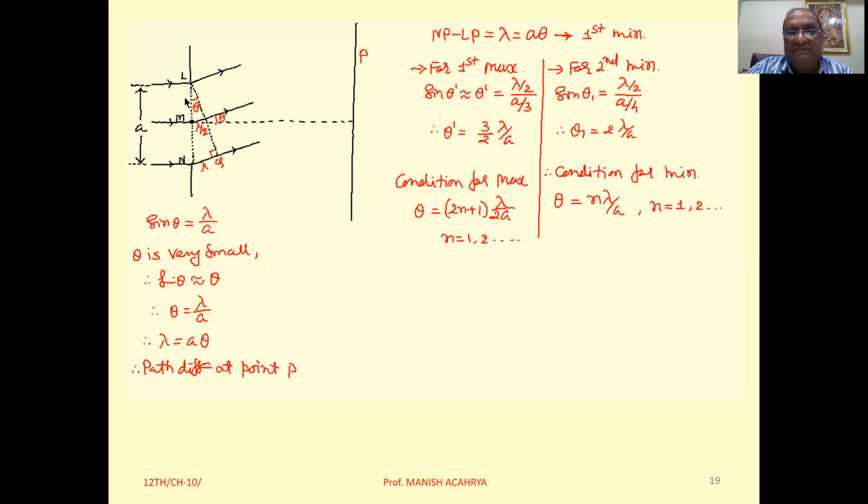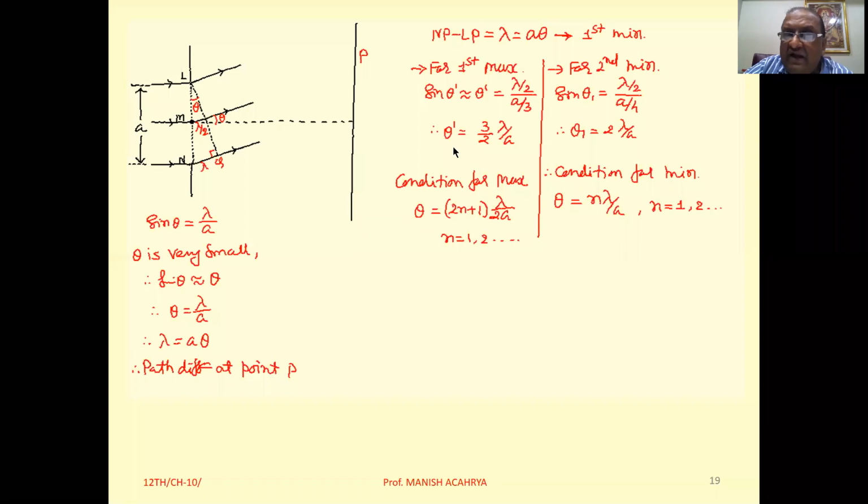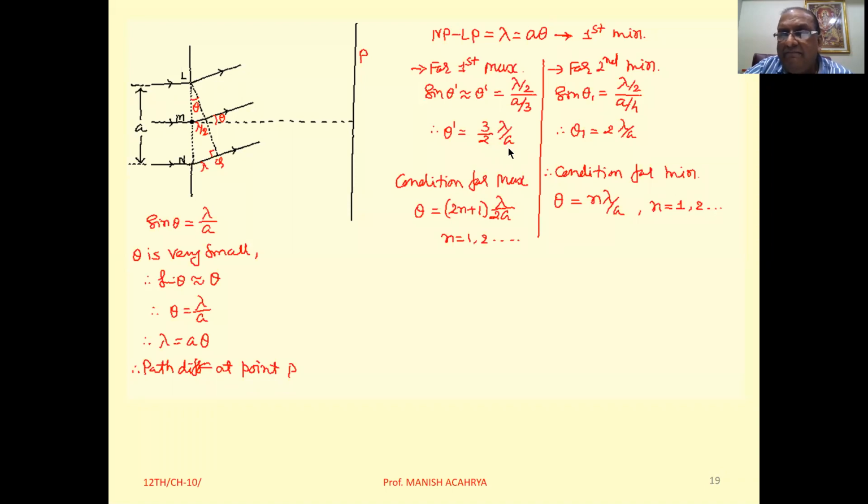Now in this case, when we consider 3 parts of the slit, then as discussed, the waves diffracted from part 1 and part 2 will cancel the effect of each other, and we will get the intensity only due to superposition of the waves diffracted from the third part only. So intensity is very less due to that reason. So here we can write theta dash equal to 3 by 2 lambda by A.